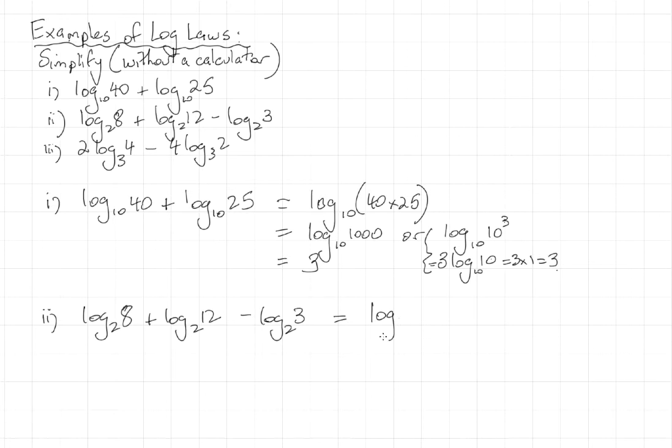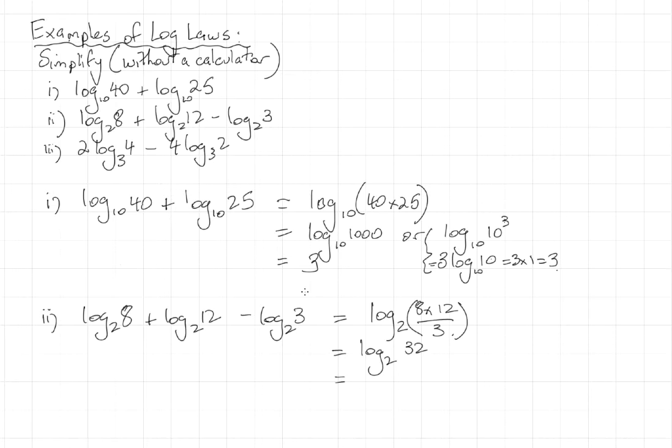So we can say that's log to base 2 of 8 times 12 all over 3. So adding is multiplying the numbers. When we subtract the log, we're actually dividing by the number. So we evaluate what's in the brackets. We get log to base 2, 8 12s are 96, divided by 3, 96 over 3 is 32.